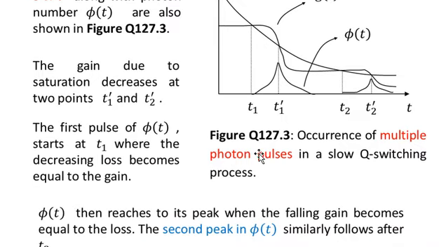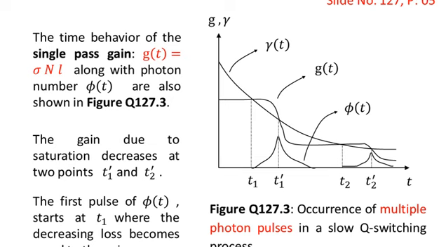And then the caption of the figure: occurrence of multiple photon pulses in a slow Q switching process. So when the Q switching process is slow, then you see that multiple photon pulses could occur. For example, in this particular example, two pulses will occur in the Q switching process.